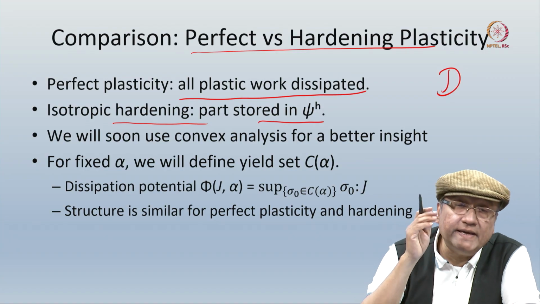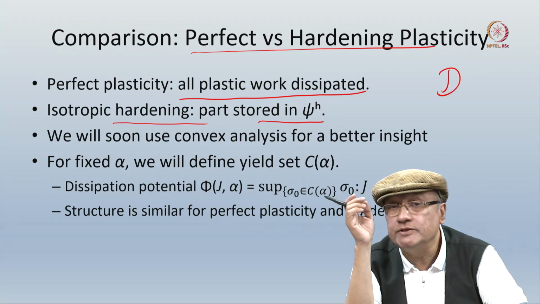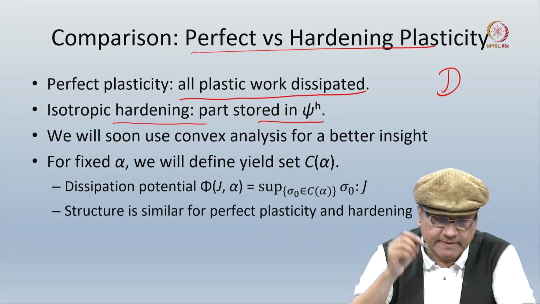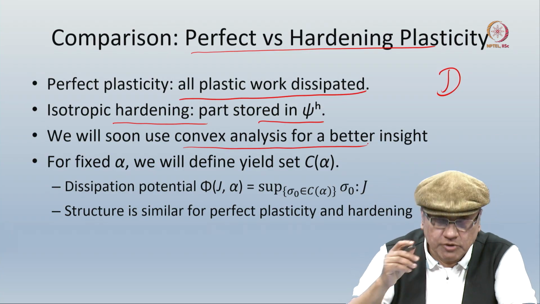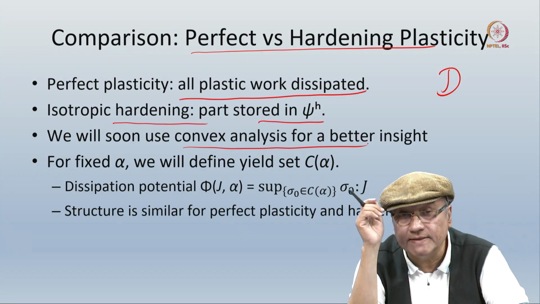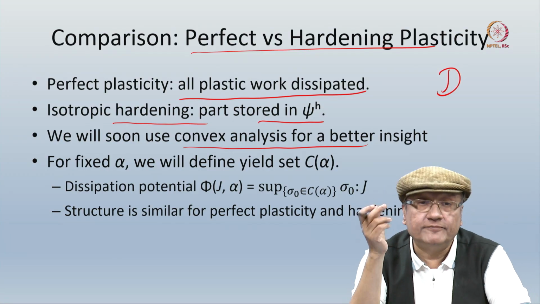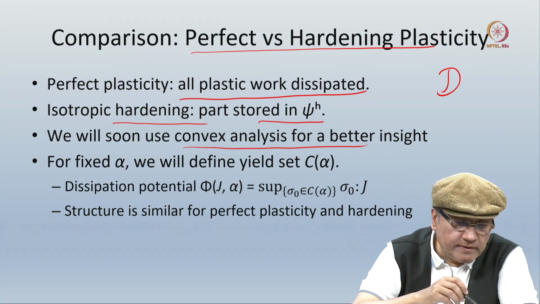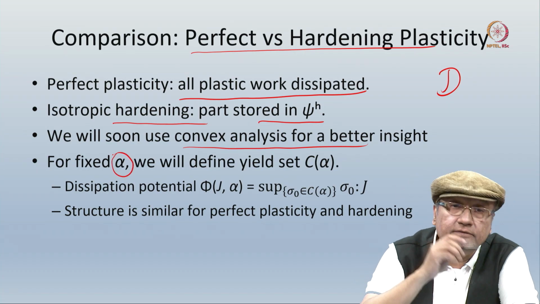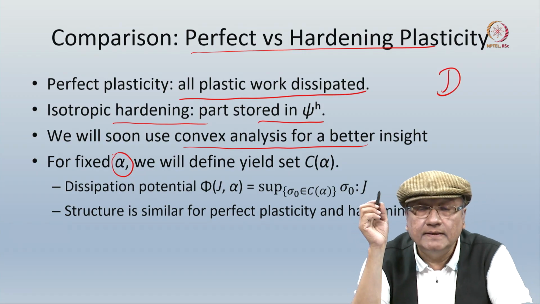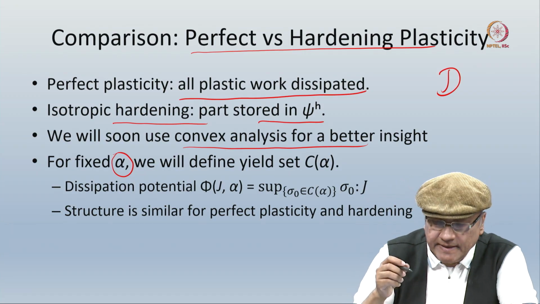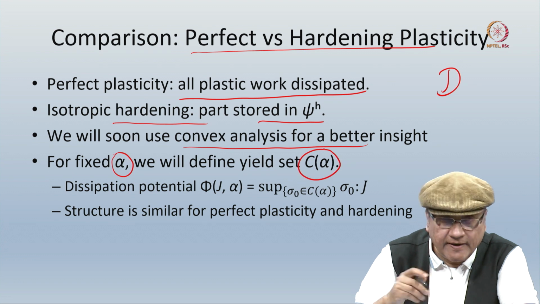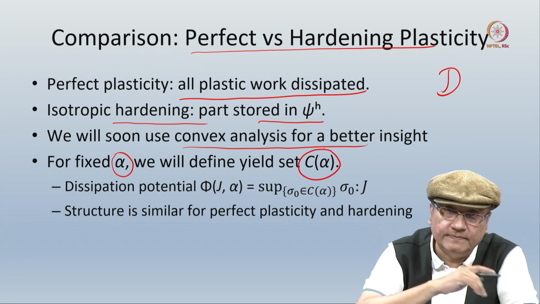So we can actually have a much better insight into the whole thing based on a convex analysis, which we will do soon, maybe starting the next lecture. But for now, let us understand this: if I fix my hardening variable alpha, then I can define a yield set C alpha as a function of alpha, but alpha is fixed now, okay.